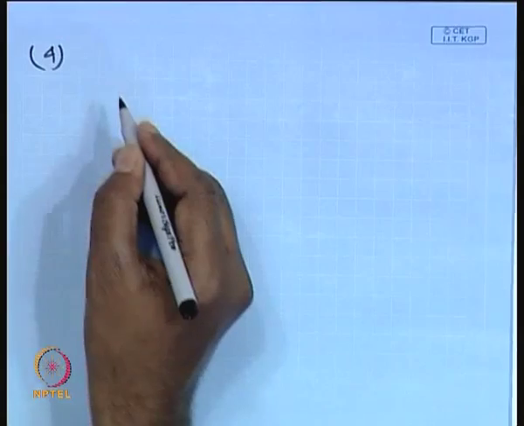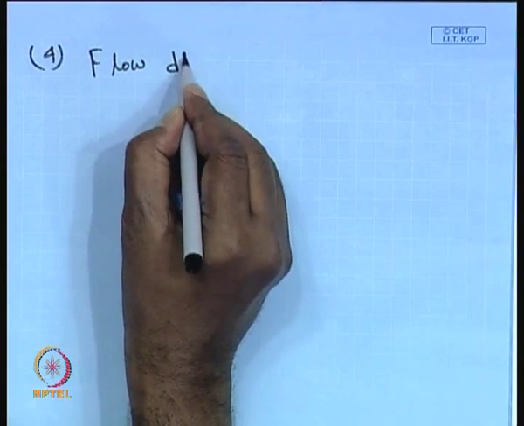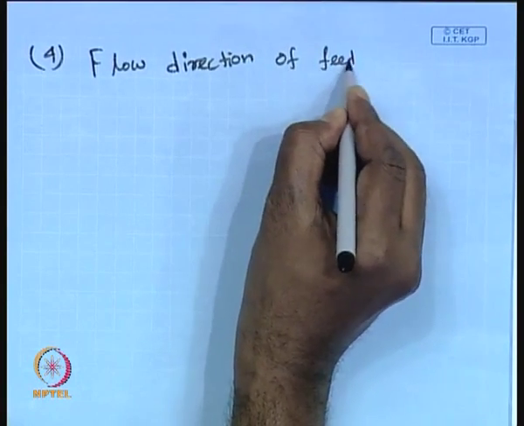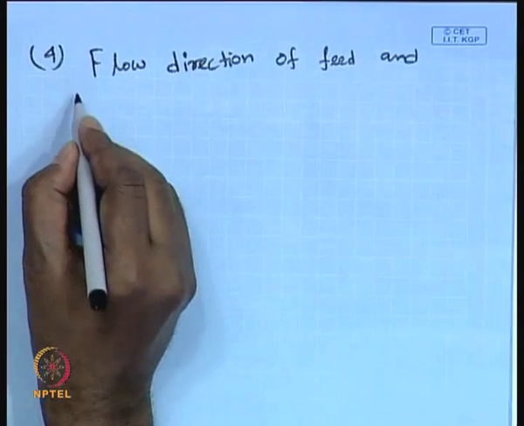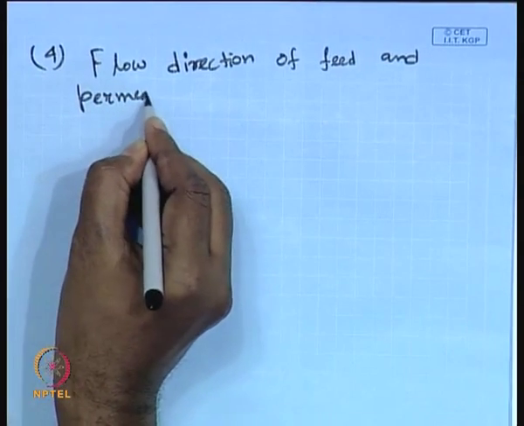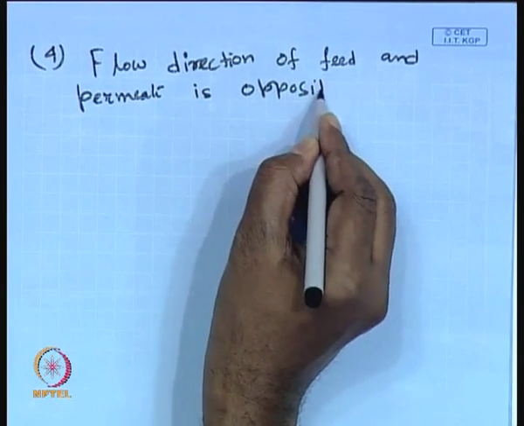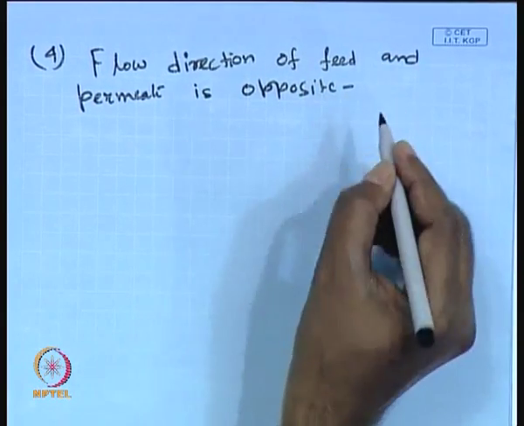And we know that counter current configuration is much more efficient compared to the co-current configuration, which we have already seen in heat transfer cases for heat exchangers, and in mass transfer cases in dialysis. So, if the flow direction of feed and permeate is opposite, then it is known as the counter current flow.